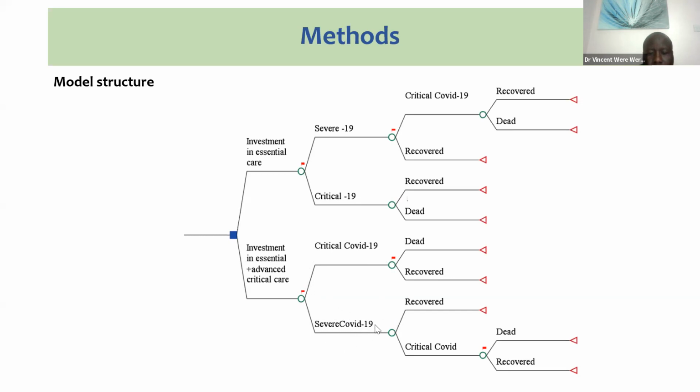If they receive essential care, they can also recover, or they can easily progress to become critical, which means they are taken back to the ICU. In the ICU, the outcome can be death or recovery. So this is what we call the decision tree and the paths.